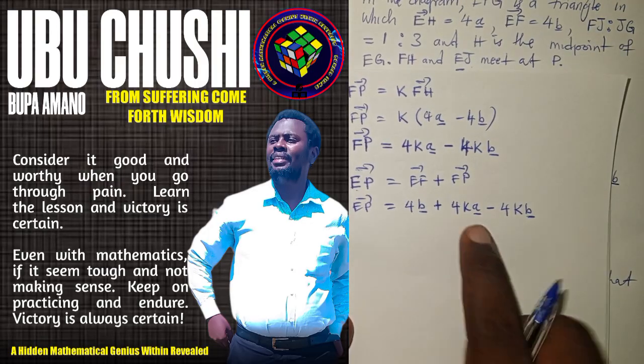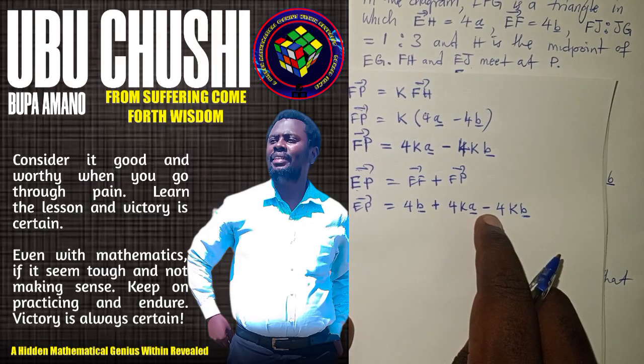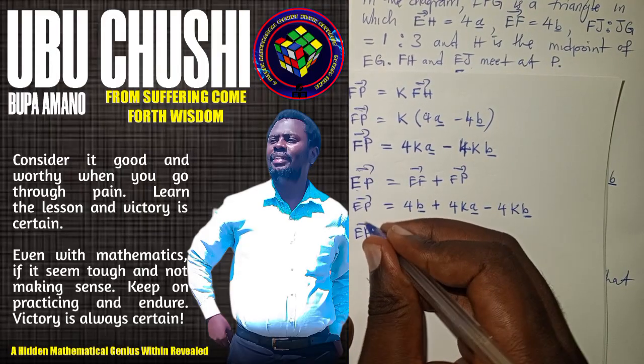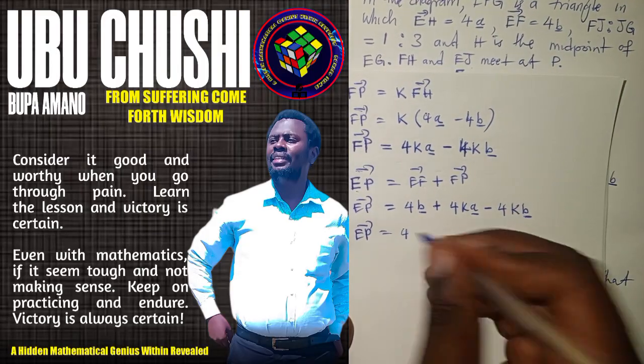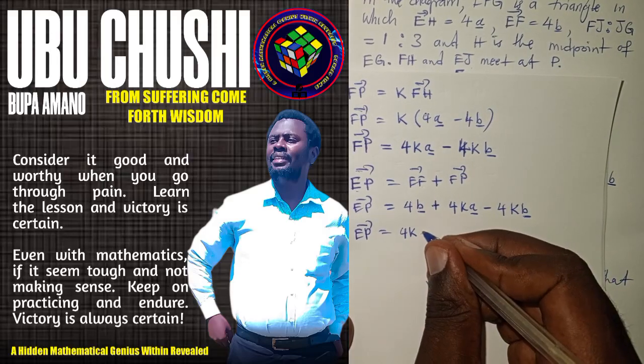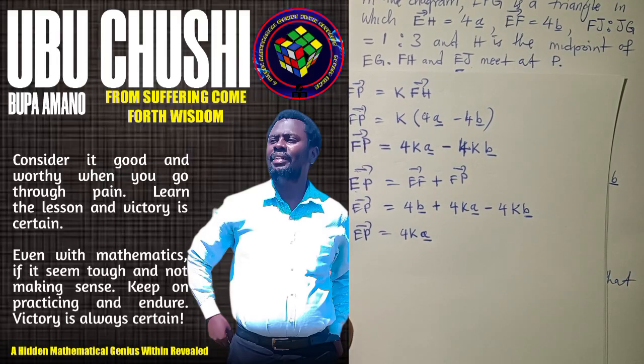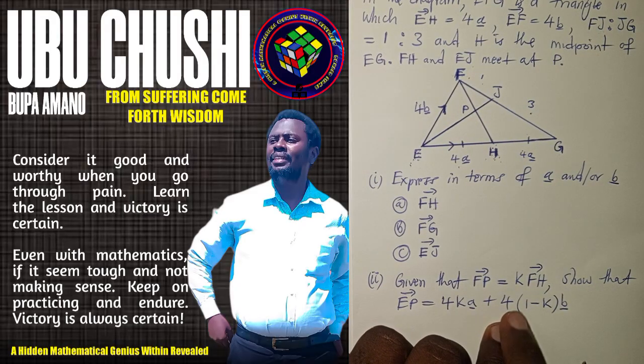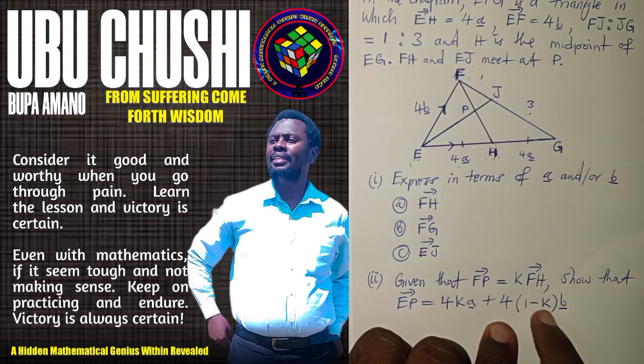So here, let's start with 4k vector A. Okay, so we say EP is equal to 4k vector A. Okay, we can see that what's next here is 4 plus 4, then in brackets there is 1 minus k.